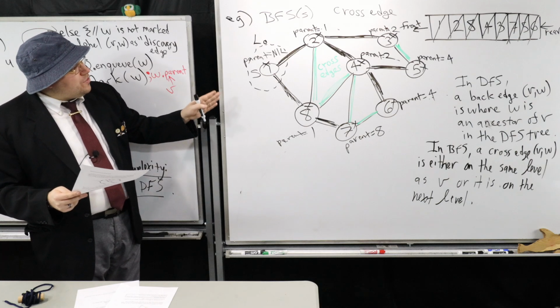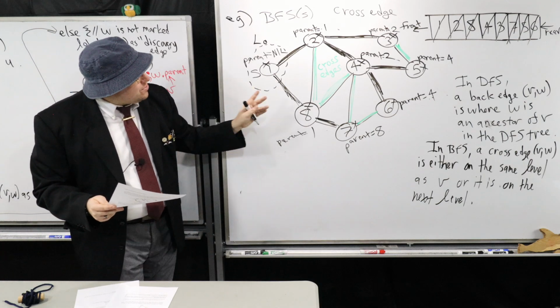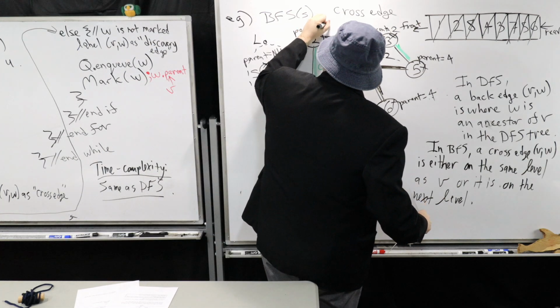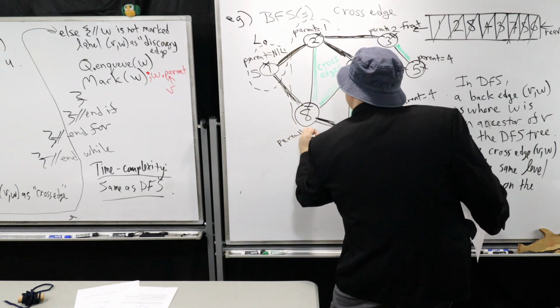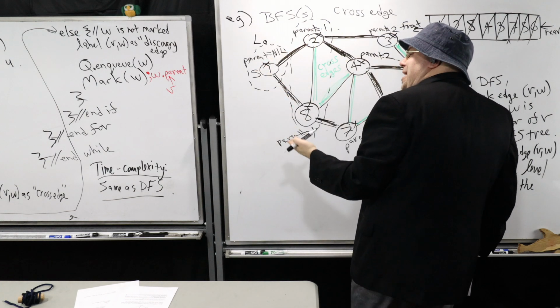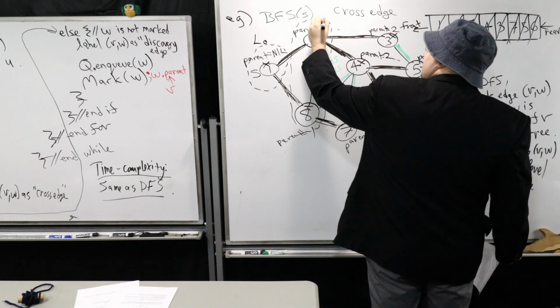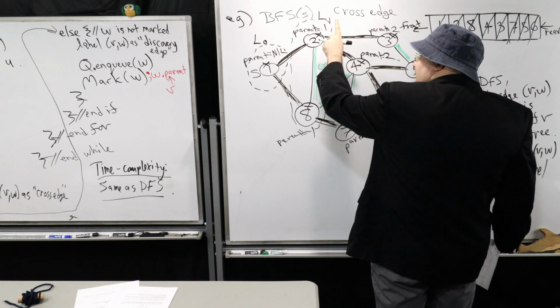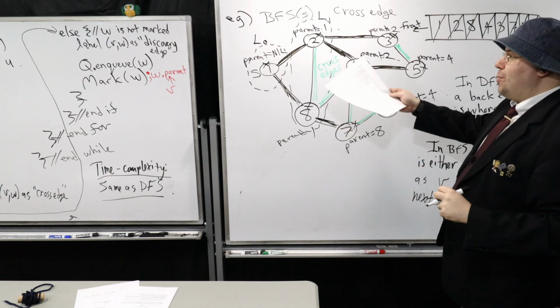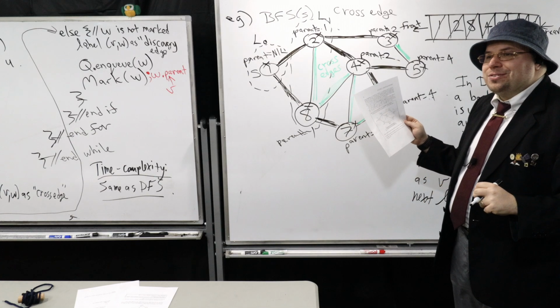So each of these forms a level in the tree. Notice that the parent of these is 1, that's their direct parent. That means this uses 1 edge to reach these, so I call that level 1. Where I start off, I'm at level 0.